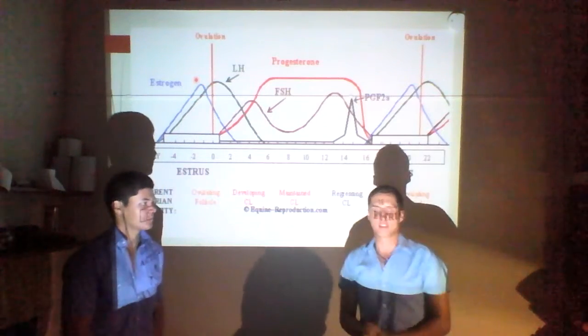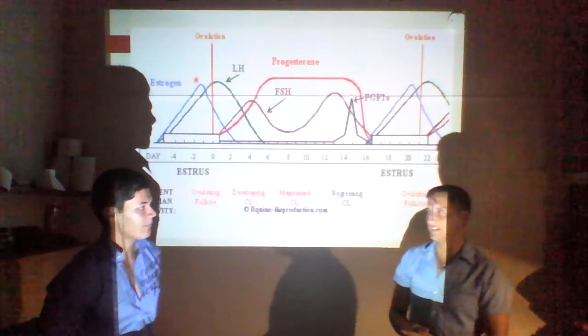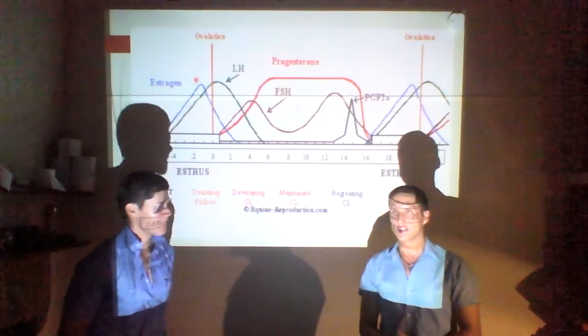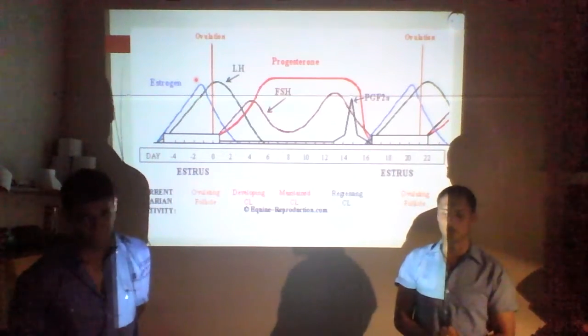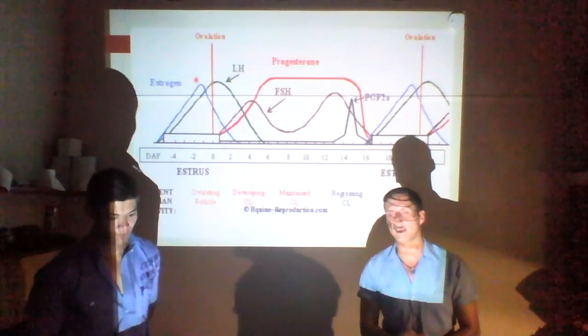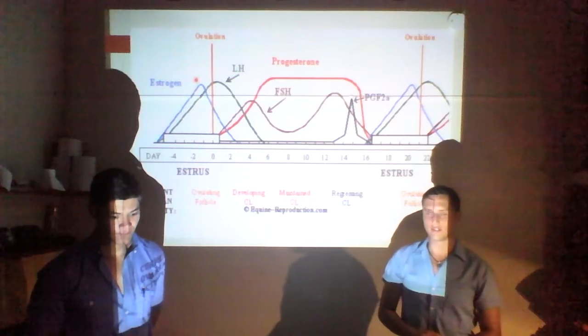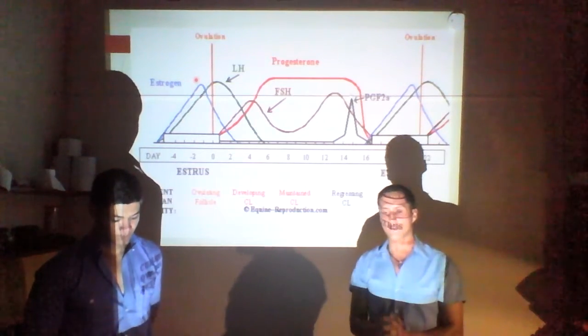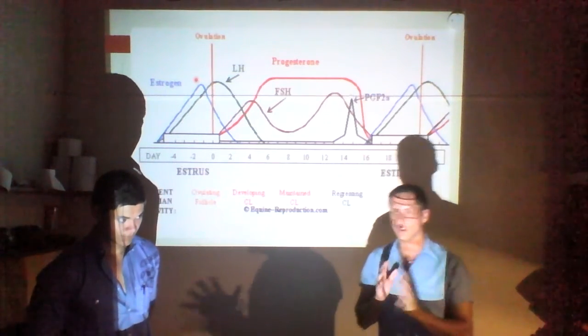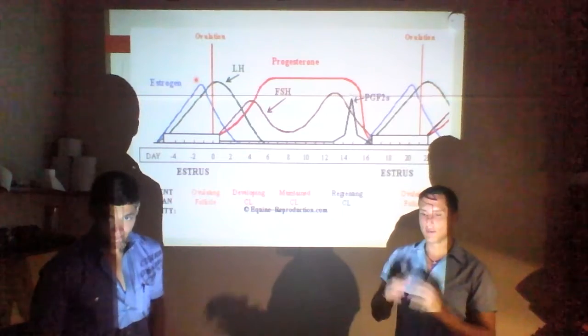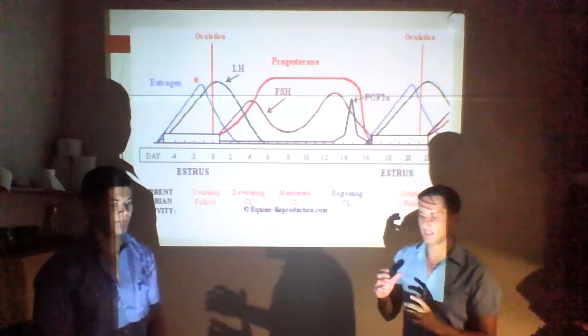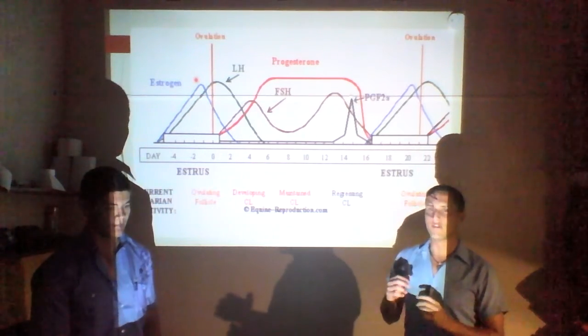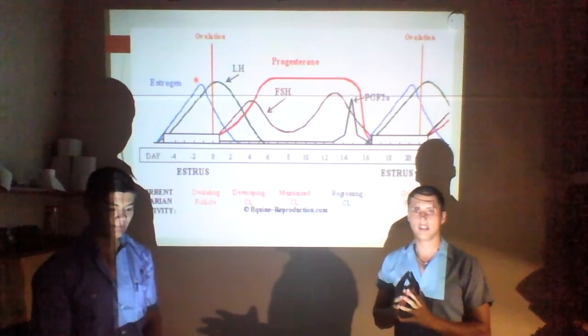Okay, so the other stages are the metestrus and the diestrus. First of all, we have to know that the estrous cycle is around 21 days. After the ovulation, the ruptured follicle of the ovary is called the yellow body.